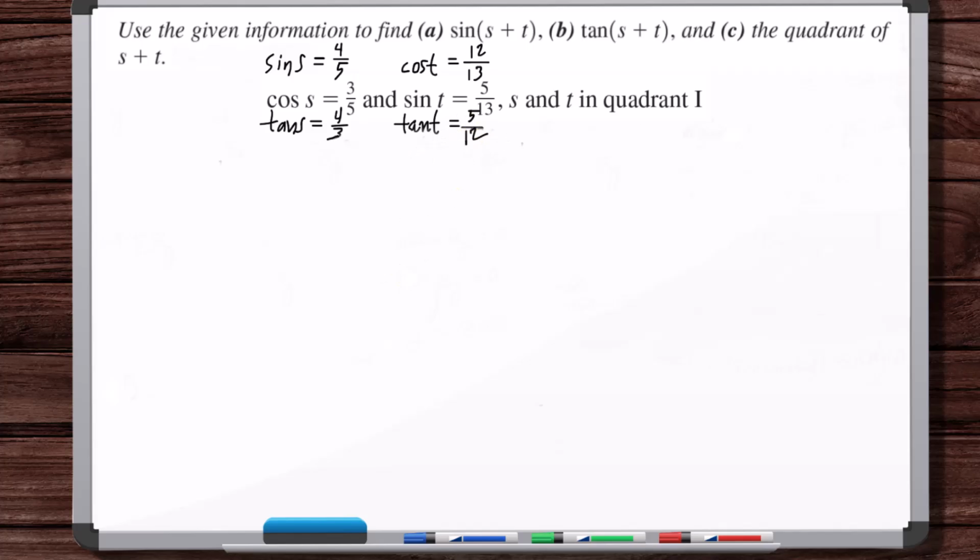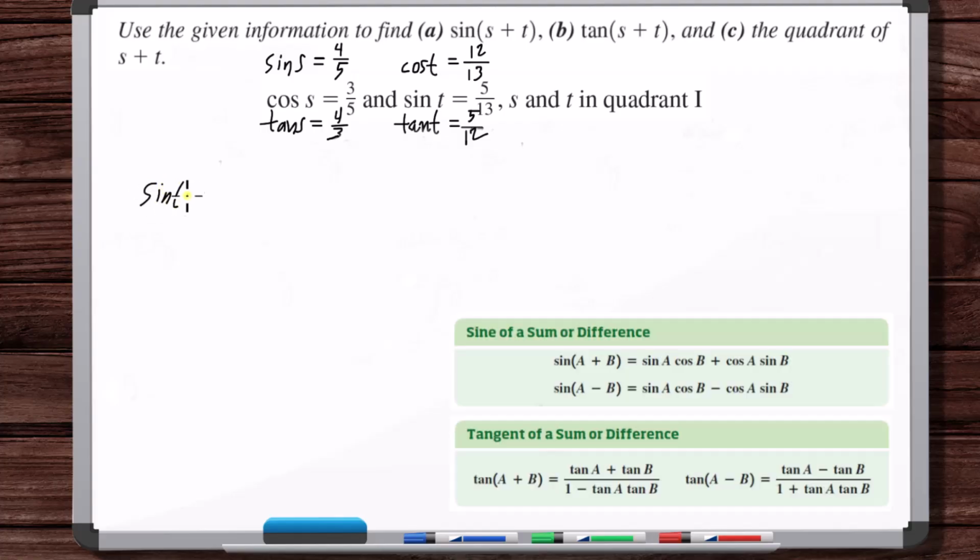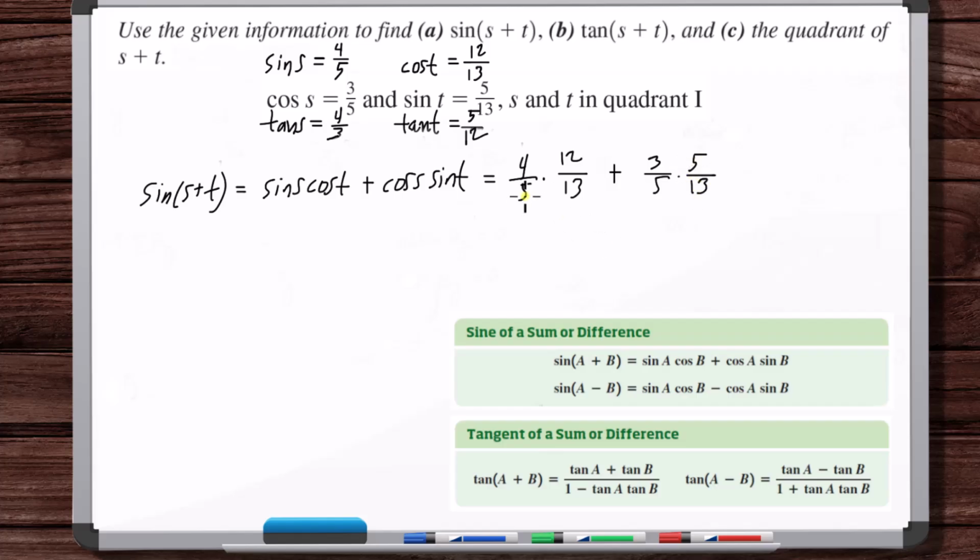Okay. So what is sine of s plus t? We'll use the sum formula for sine. That's sine of s cosine of t plus cosine of s sine of t. Sine of s is 4/5, cosine of t is 12/13, cosine of s is 3/5, sine of t is 5/13.